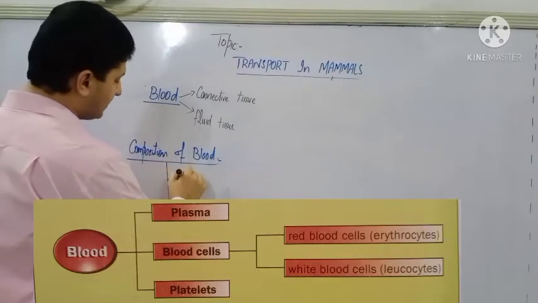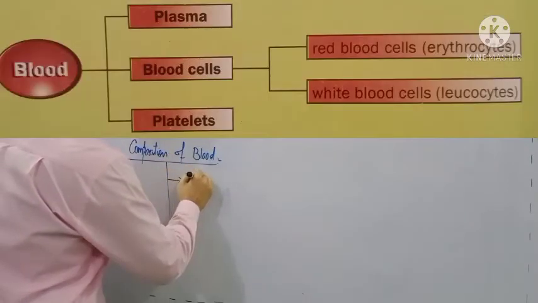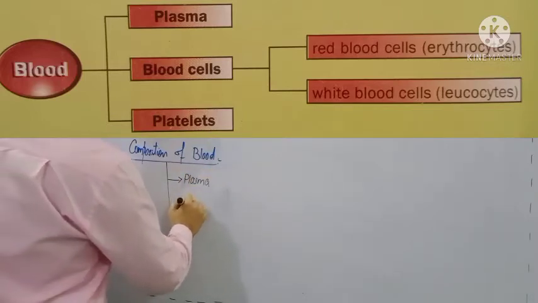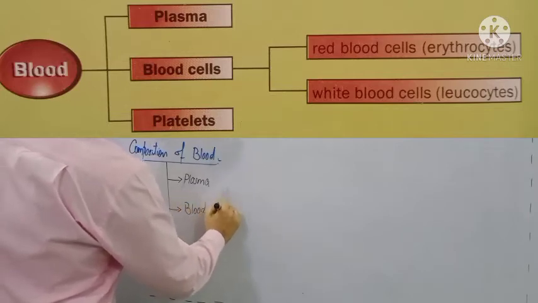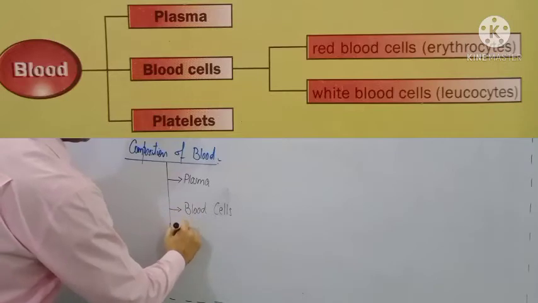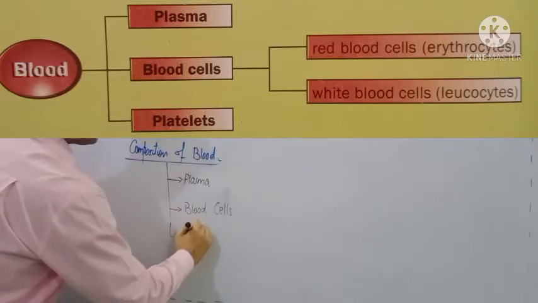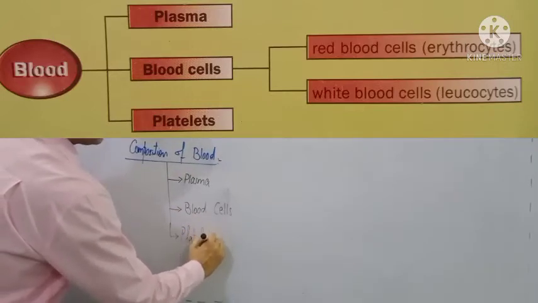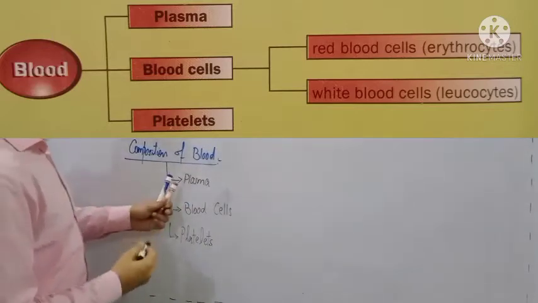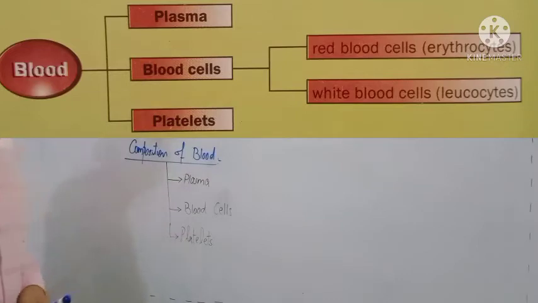First, blood plasma. Second, blood cells. And third, platelets. Blood plasma, blood cells, and platelets.